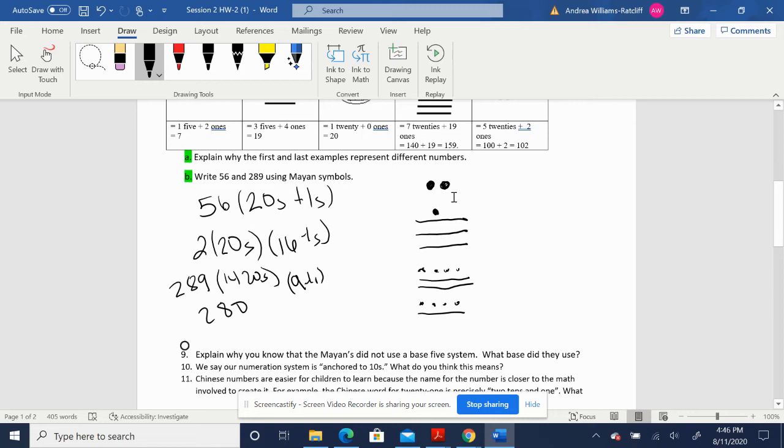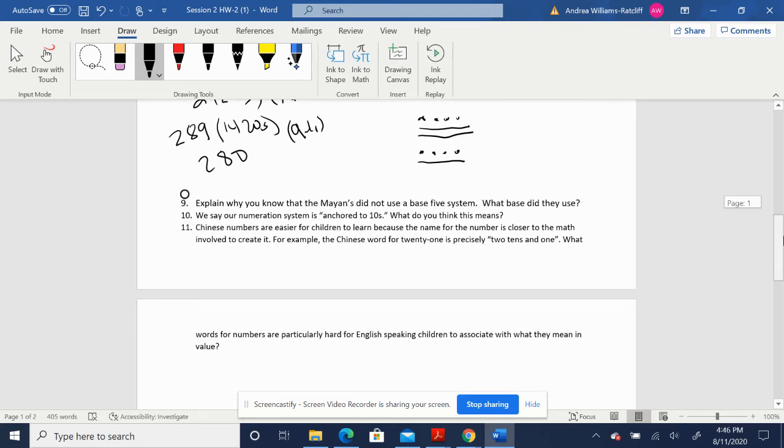This is a base 20 system, okay? When we count our values, when we're showing the characters for that, we're representing 1s, and then we are transitioning up to another grouping, which is 20s. We may have a symbol that's worth 5, but in terms of how we group and how we count the numbers, that's based on 1s and moving into 20s, which is what that base would be here.